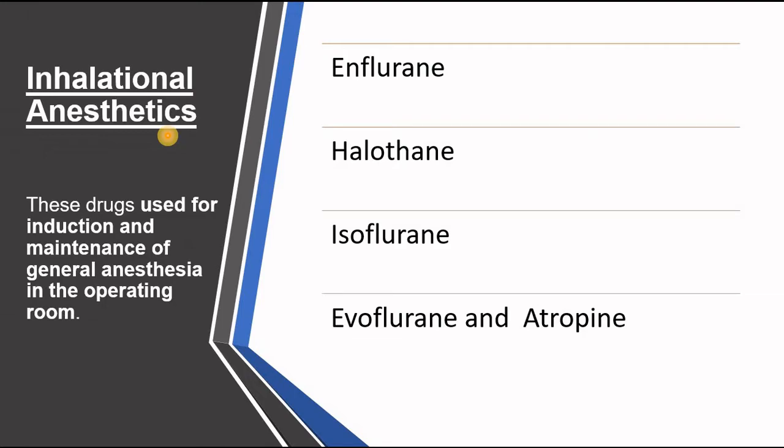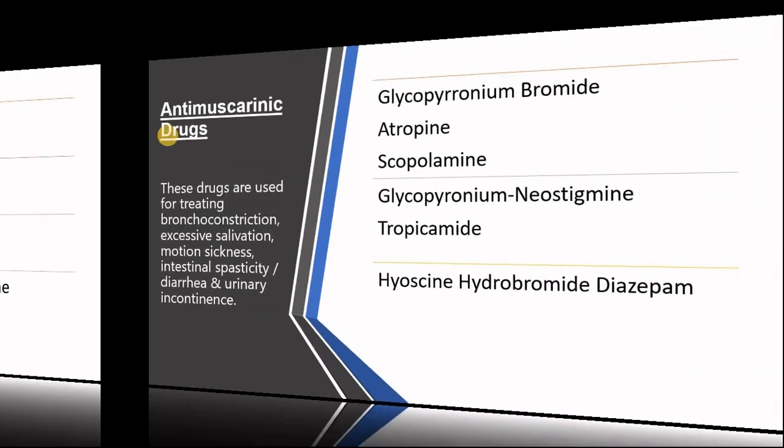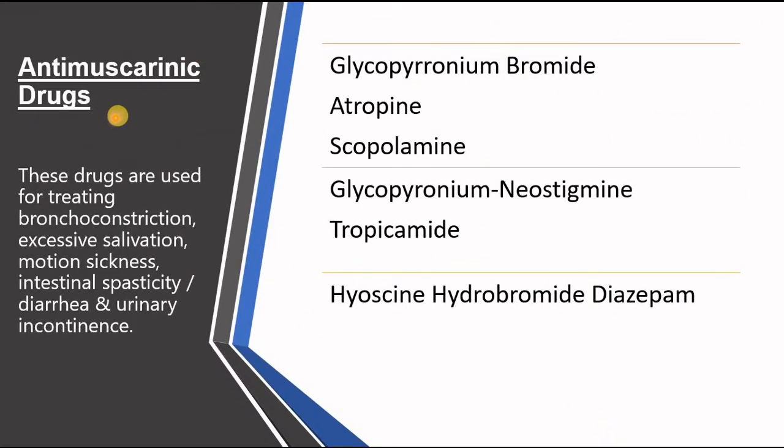Now we move to the next slide, and that is the antimuscarinic drugs. Antimuscarinic drugs are those drugs basically used for bronchoconstriction, excessive salivation and motion sickness. You know friends, bronchoconstriction means when some problem occurs in the bronchus, so that the bronchus gets constricted.